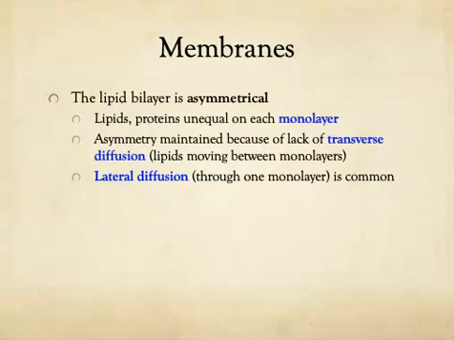The kind of movement that occurs within a monolayer gets a name. We call that lateral diffusion. In other words, side-to-side movement within a monolayer. What we don't see is transverse diffusion, or lipids and proteins moving from one monolayer to the other monolayer.